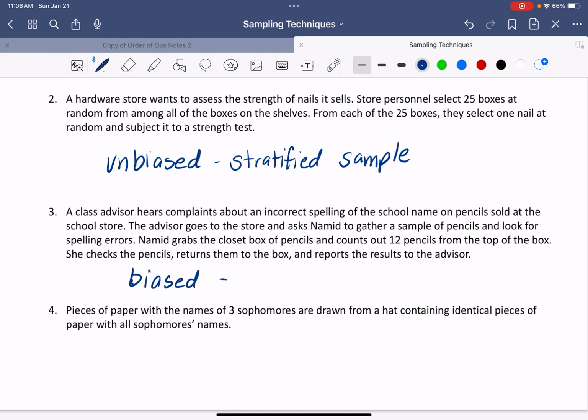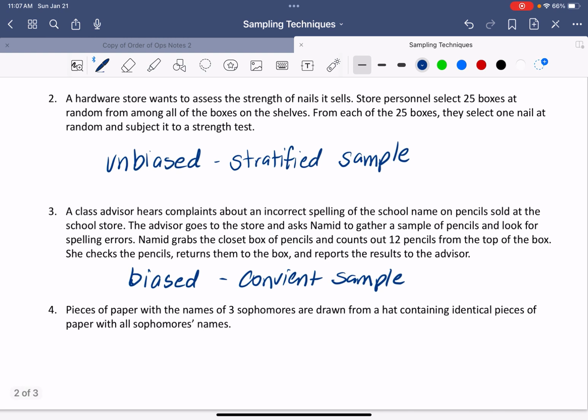So going back to biased, think to yourself for a second, is this going to be a voluntary? Did the pencils volunteer? Or was it a convenient sample? She just picked the easiest pencils to grab. If you said convenient, you would be correct. Convenient sample. She just grabbed the 12 closest pencils from the first box that she saw, okay?